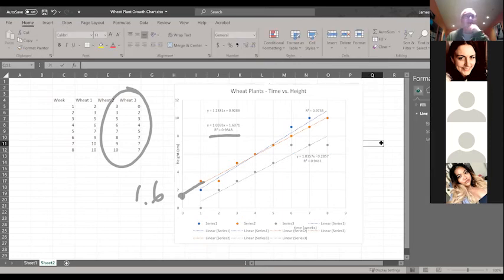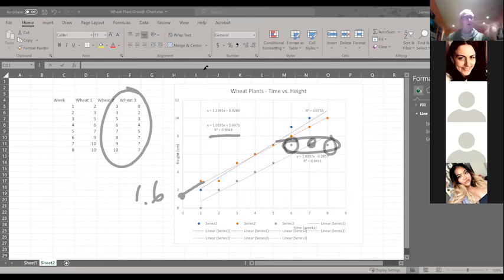You can see that this one has the lowest r squared of the 3. That's probably because we've got 3 points that didn't change at the end. At week 6, week 7, and week 8, the height didn't change. So that's obviously going to throw off the fit, because one of these is directly on the line and the other 2 aren't.